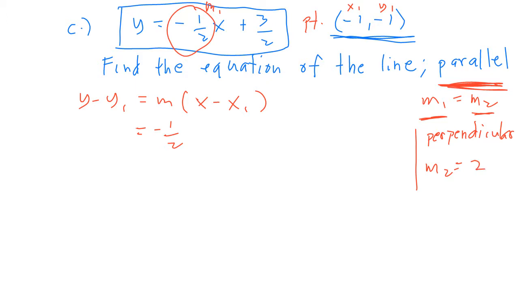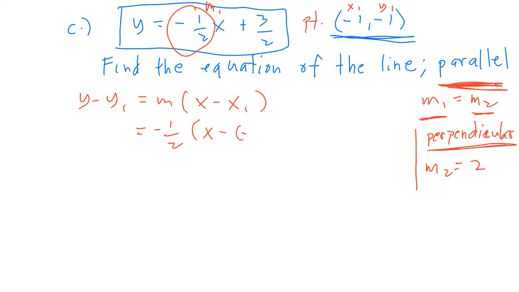So if that is the question asked, you're asked about perpendicular, not parallel. So your m2 would be 2, and you plug that into the equation there instead of negative 1/2. So here we have negative 1/2 because it's parallel.